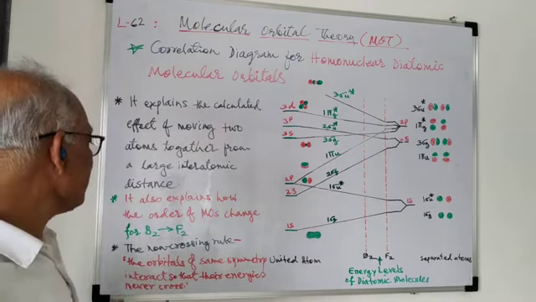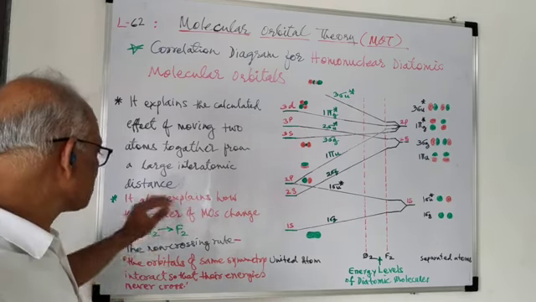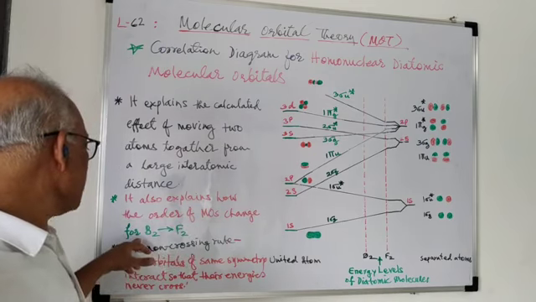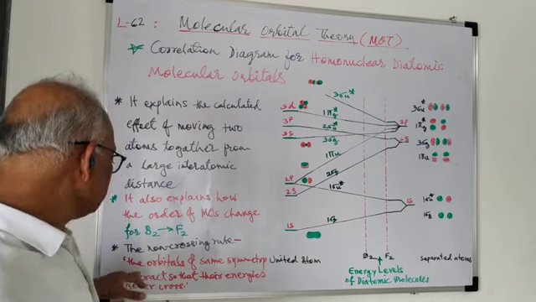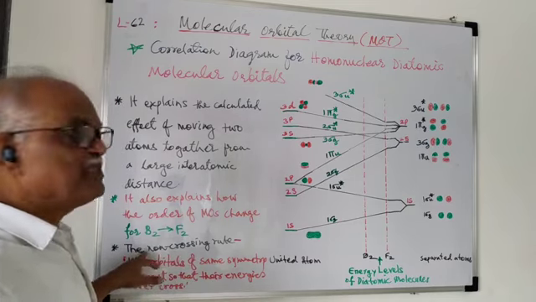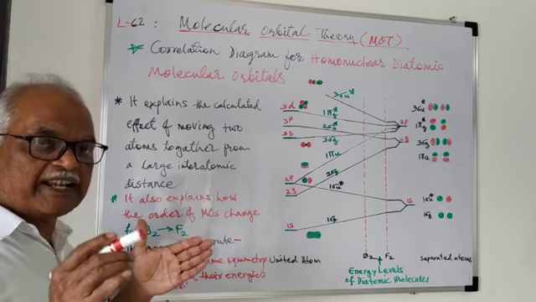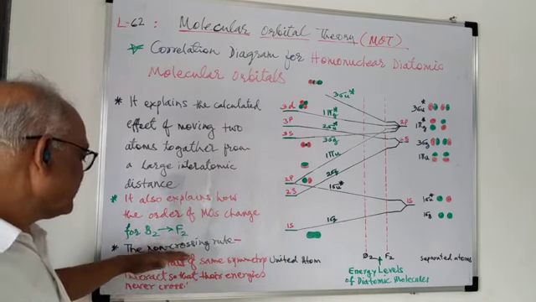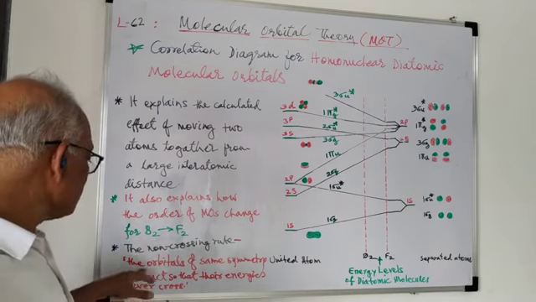This correlation diagram also explains how the order of molecular orbitals changes from boron to F2. And during this process of studying the calculated effect, we take into consideration the non-crossing rule. What is this rule?